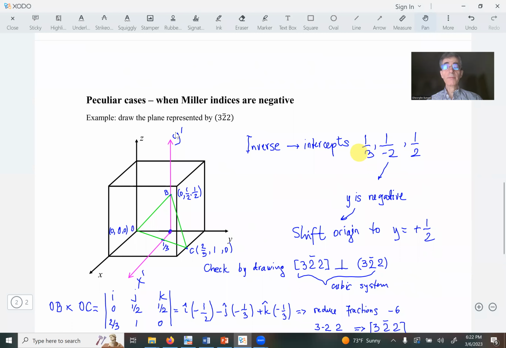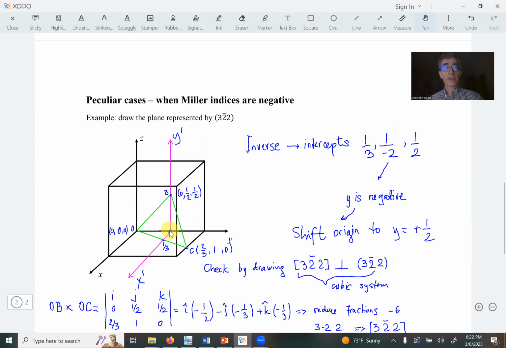Again, to find the intercepts, we need to get the inverse of the Miller indices. In this case, we get 1/3, minus 1/2, and 1/2. We have only one negative, so I can move my origin along the y-axis by 1/2 in the plus direction.